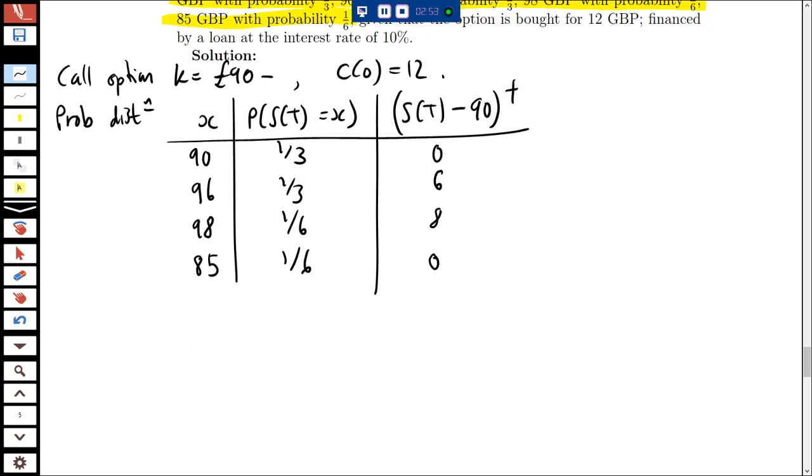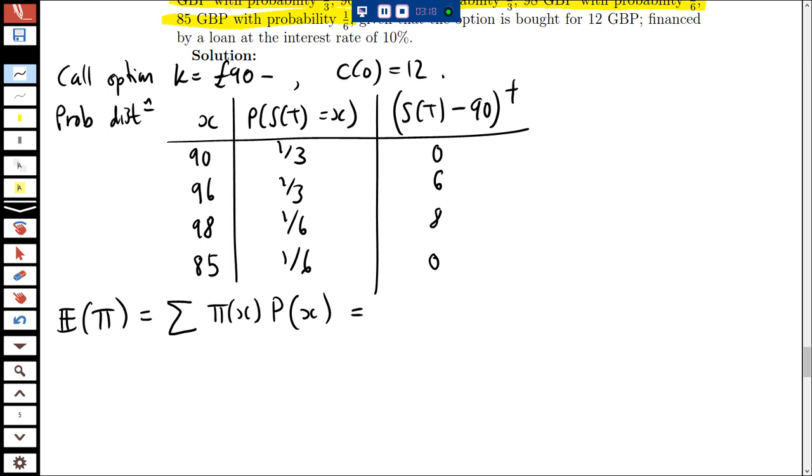Okay, so the expected value of the portfolio at time T, let's call it pi. We need to calculate all the different values, multiply by the probabilities and take the sum.